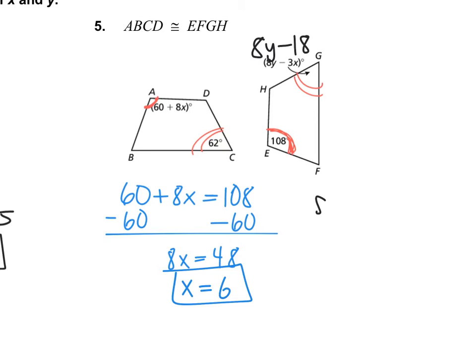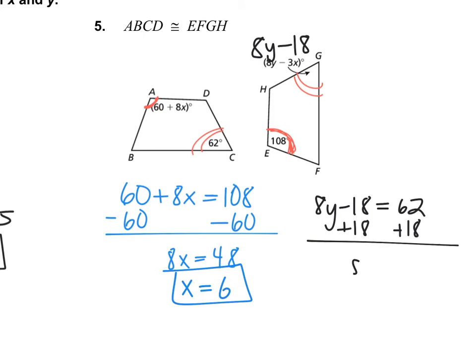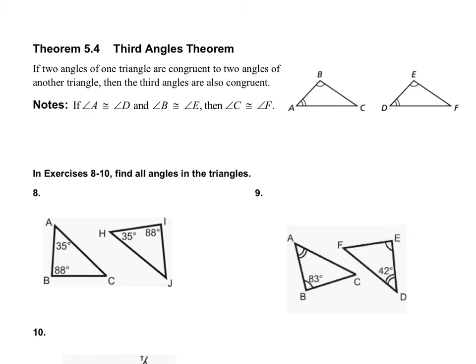Now you can solve it. 8y minus 18 equals 62, because G and C are the same. That should be 10.